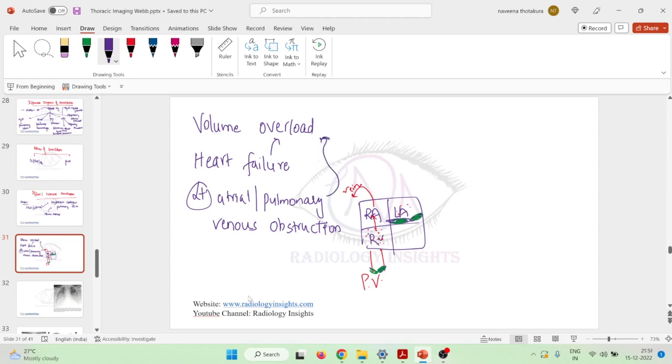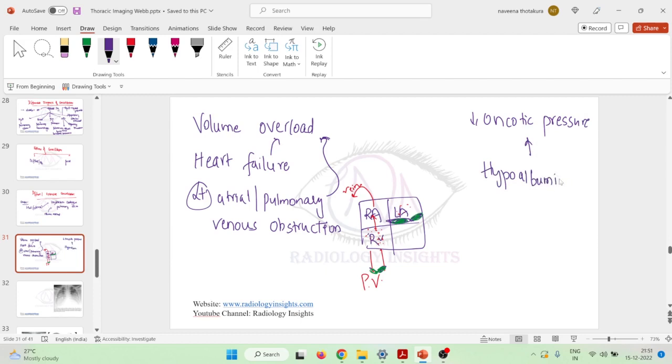Or whenever the patient has decreased albumin, that is hypoalbuminemia. Whenever there is decreased albumin, there is increased transudate, like increased hydrostatic pressure or decreased oncotic pressure. That means number one, volume overload conditions. Number two, conditions with decreased oncotic pressure, like hypoalbuminemia, where the albumin levels are decreased.